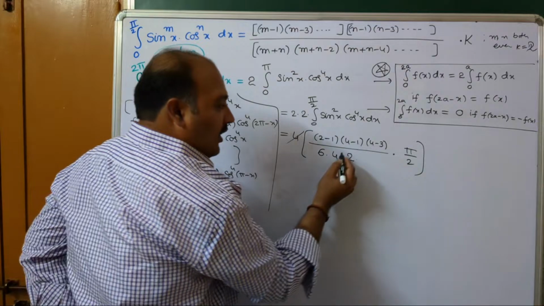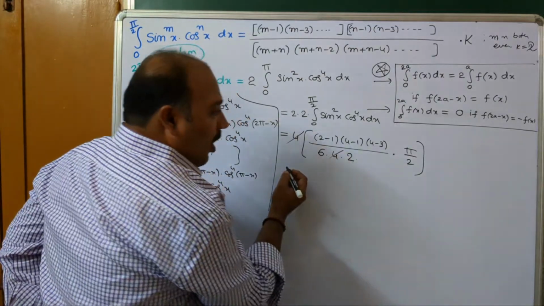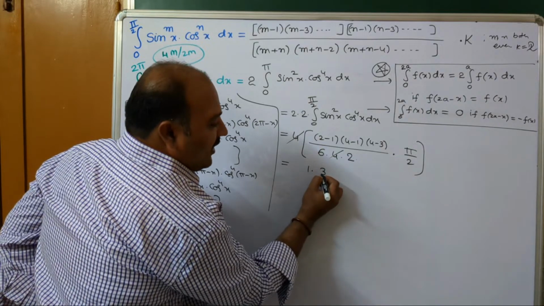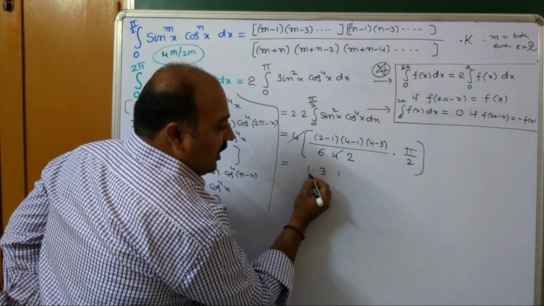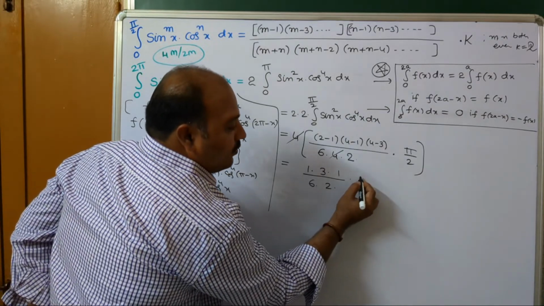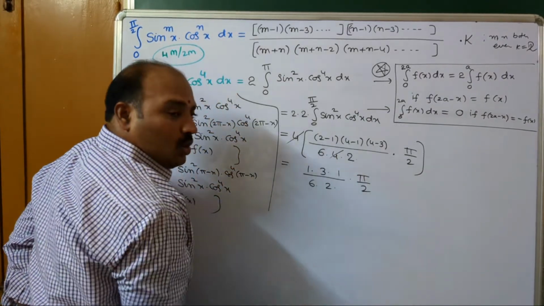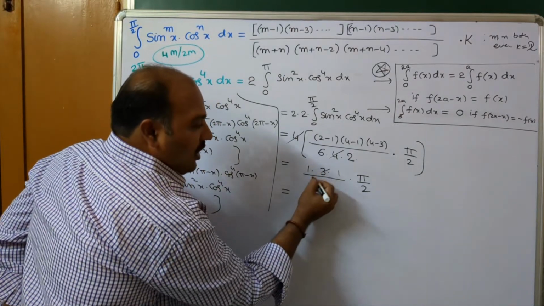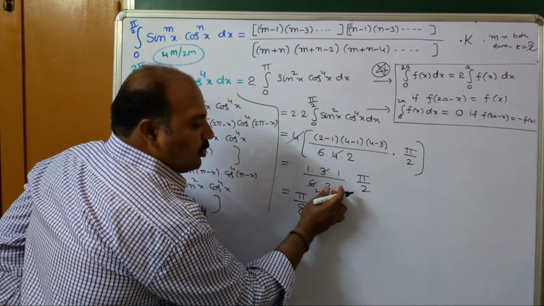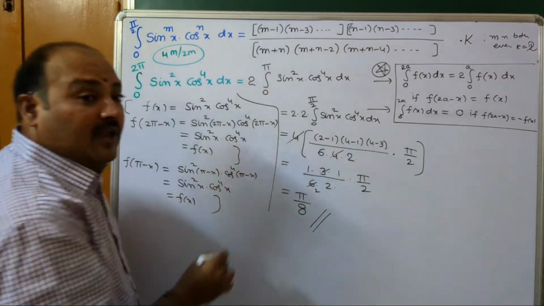Next here 4 gets cancelled. Now simplification: 2 minus 1, 4 minus 1, 4 minus 3 by 6 into 2 into pi by 2. So 3 ones, 3 twos. So that is equal to pi by 2 into 2 into 2, 8. So pi by 8.